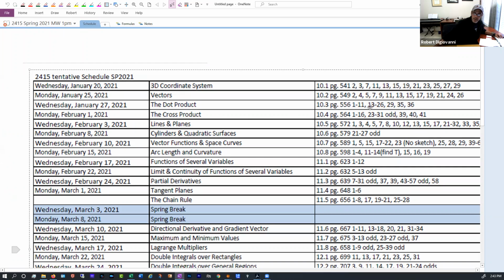So 1 through 11 and 13 through 26. You're not ready for 29, 35, or 36 yet. We still have a little bit to finish up in dot product. In the next class, we start the cross product, which is that other multiplication.